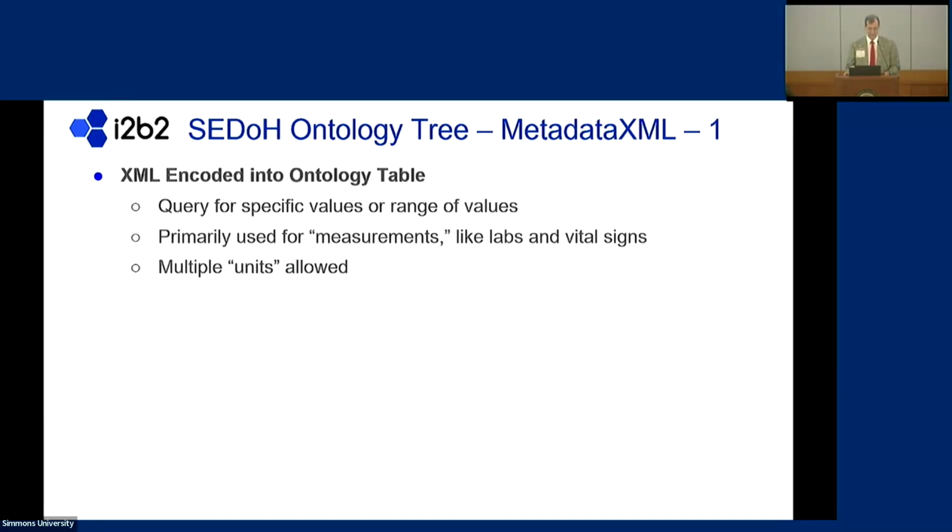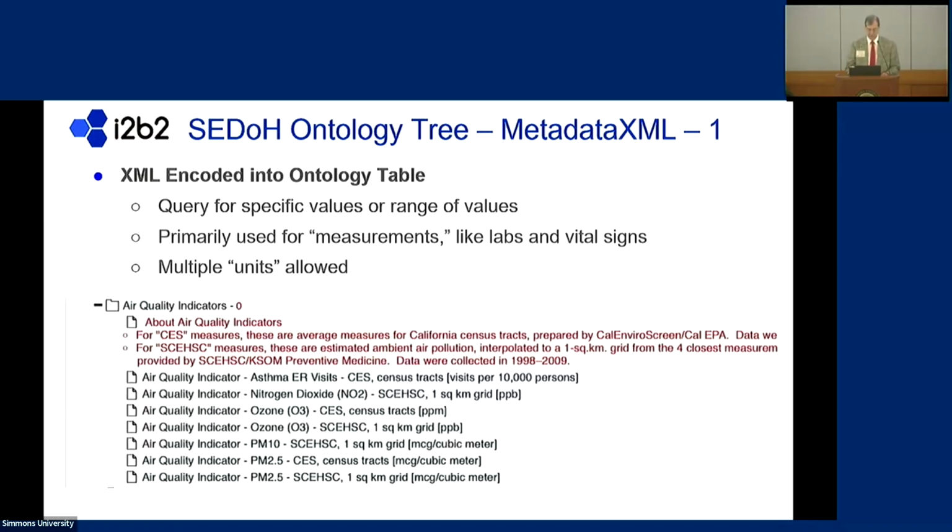That's why it's called metadata XML. What do we do with metadata XML? We're using it specifically for every item in our pseudo ontology, but it's used mostly for measurements like labs and vital signs, and allows you to query for specific values that your patient might have in the database. There's also multiple units allowed, and I'll explain that in a moment.